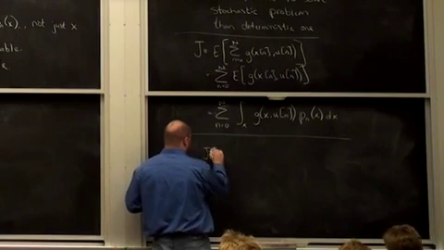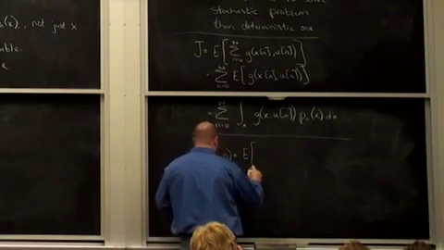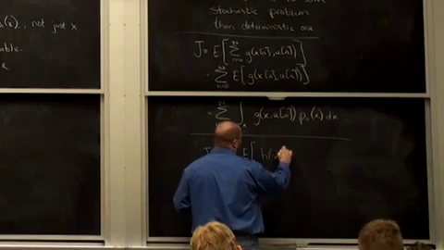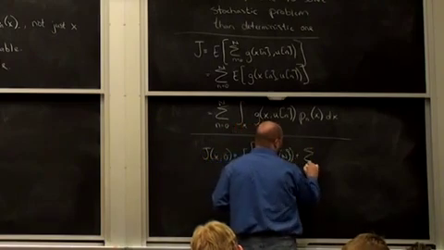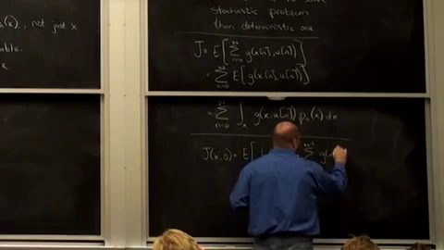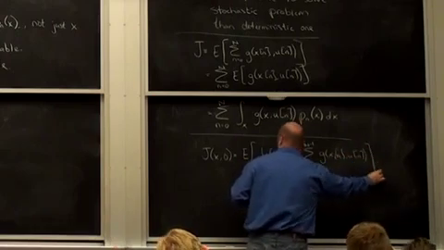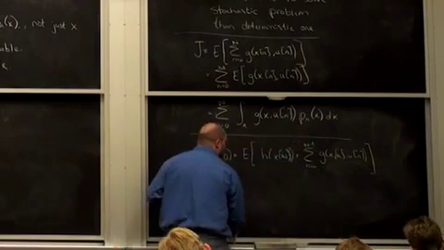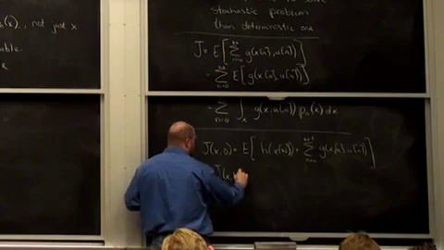Okay, so if I do J of x from time 0 being the expected value of, let's do the final cost also, then what's J of x at capital N?